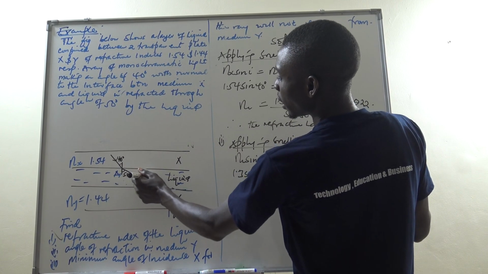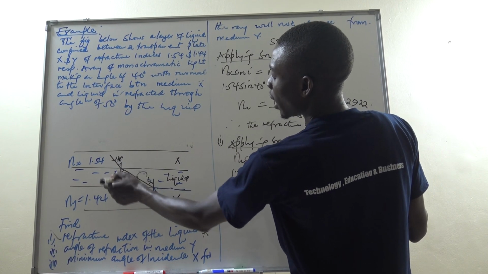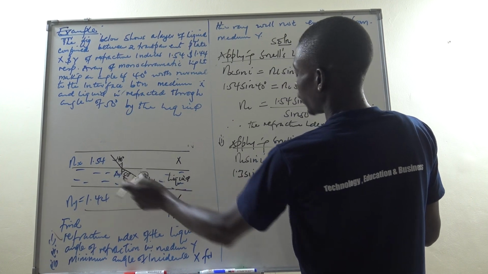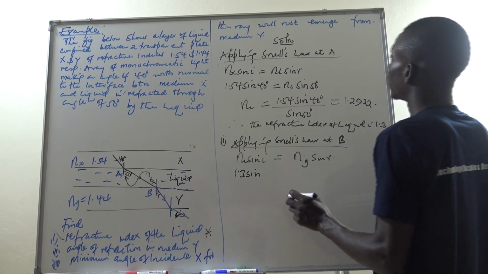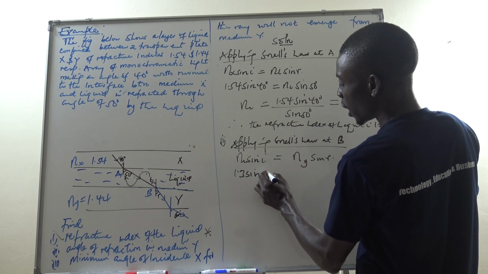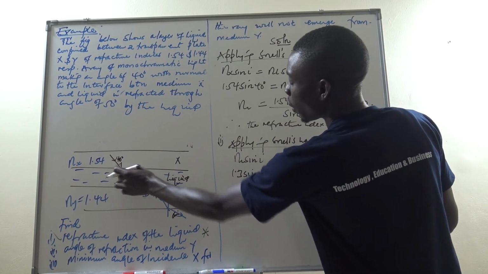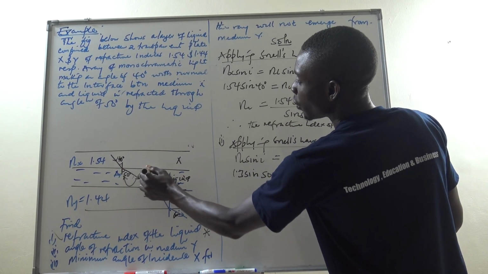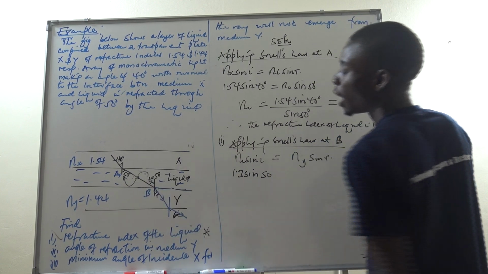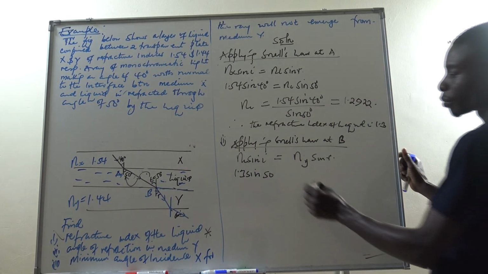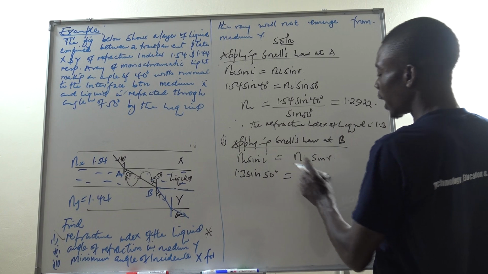So we are saying that this angle here is the same as I, 50. So that is equivalent to 50. This angle is the same because they're alternating angles. So this 50 can also be allowed to be there. So equaling to NY.